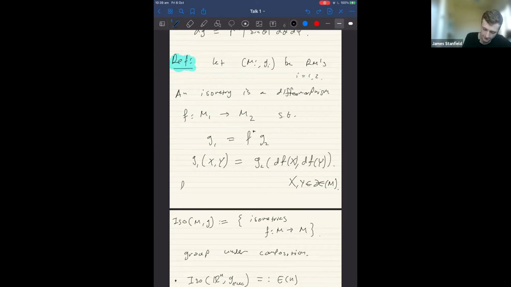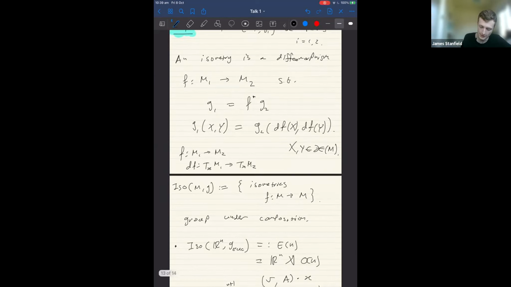So I guess F being a diffeomorphism means that dF, the mapping on the tangent spaces, is a linear isomorphism, right? So I get this identification of tangent spaces.